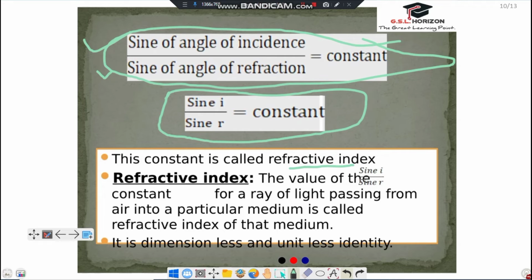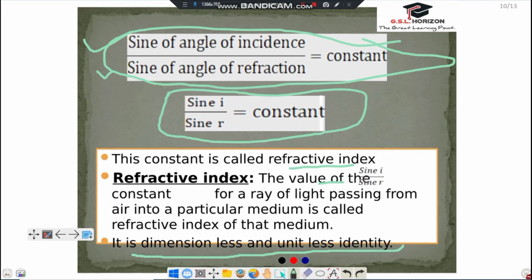Dear friends, refractive index: the value of the constant sin i upon sin r for a ray of light passing from air into a particular medium is called the refractive index of that medium. It is dimensionless and unitless.